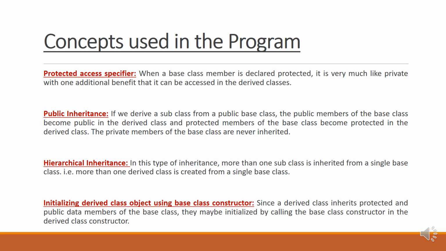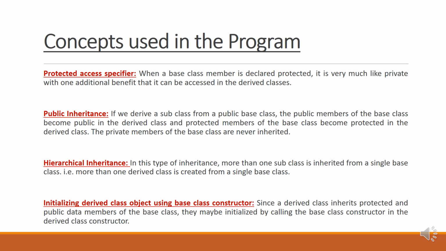So if you look at our program, the manager class has attributes of name, ID, and basic salary. In order that these attributes are accessible in the derived class, we make them protected.